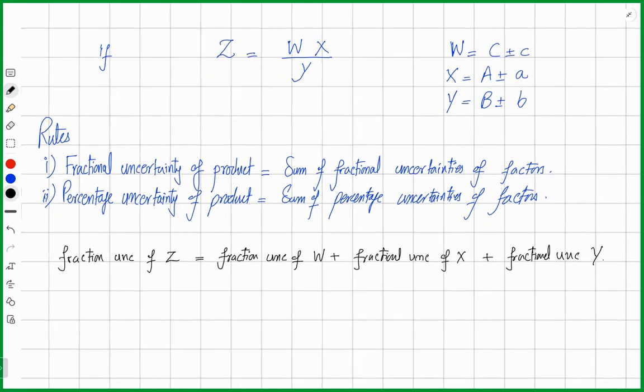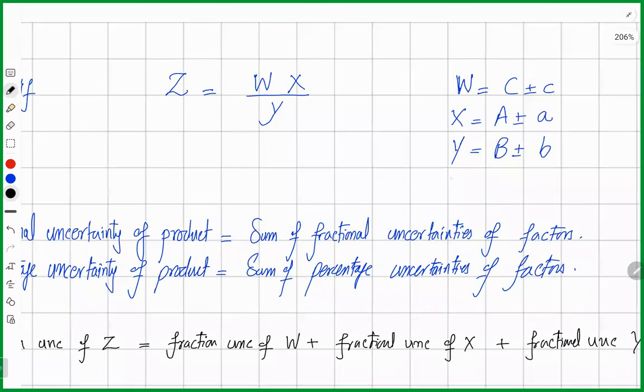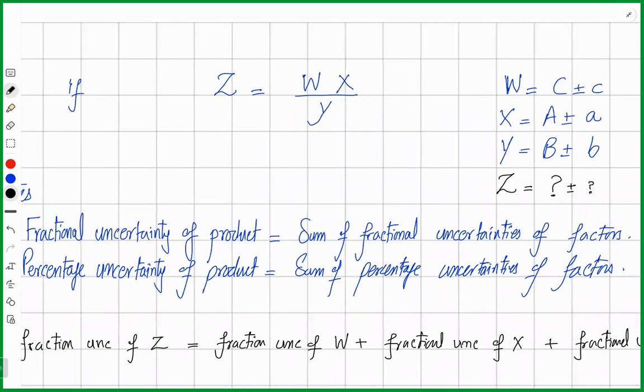For example, you did not know z and you did not know the uncertainty in z. So what you can do, first step, just put the average values of w, x, and y, like A, B, and C, capital values, into the formula and get the value of z. That should be your first step.